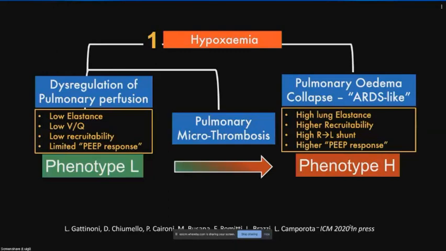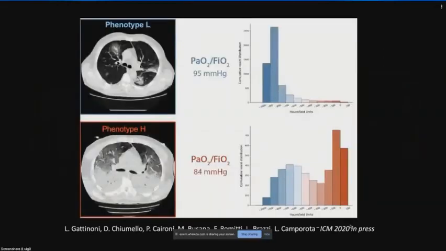So I think it's very important when we see these patients at the bedside to start an early categorization into these two phenotypes, because the treatment, or at least the management, is quite different. But also it's important, you can see the arrow that I put there, that some of the phenotype L will progress into phenotype H, depending on disease progression, but also on the way we manage the early phase of phenotype L. You can see this picture taken from an editorial that will be in press very soon.